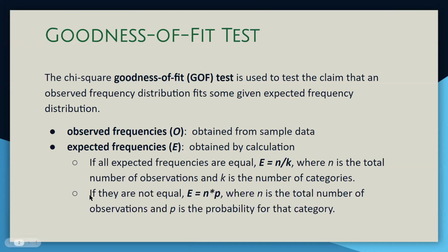If they are not all equal, we calculate that expected frequency by multiplying the total number of observations n by the probability p for that category. So one of two things should be given to us. We should be given a probability for each category for that expected information, or we should be told that we expect that those frequencies are all equal, that we expect that the distribution is uniform.